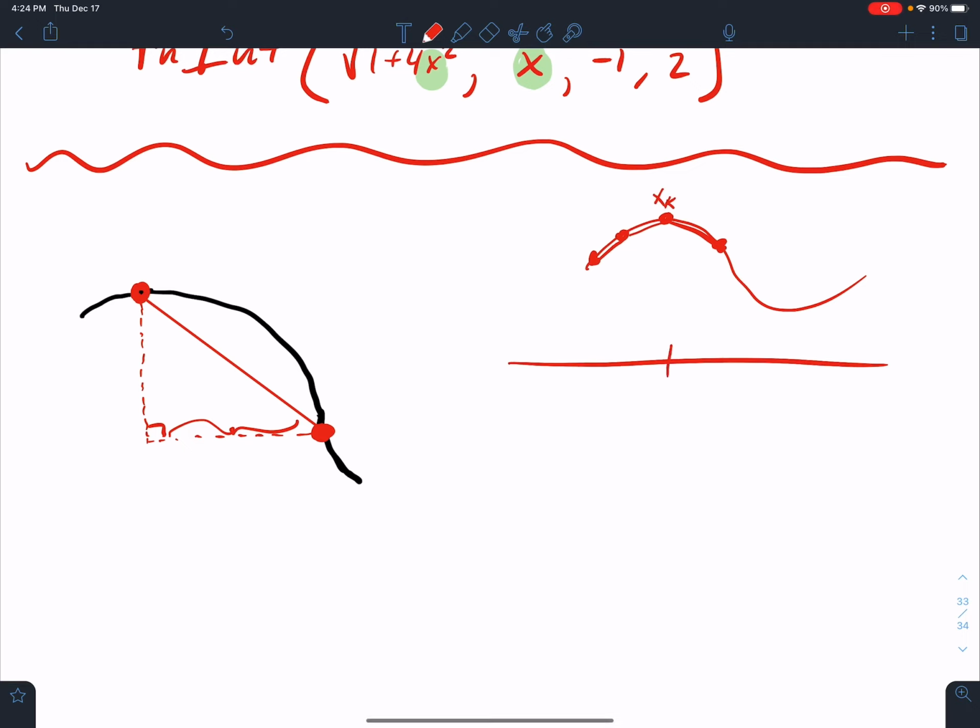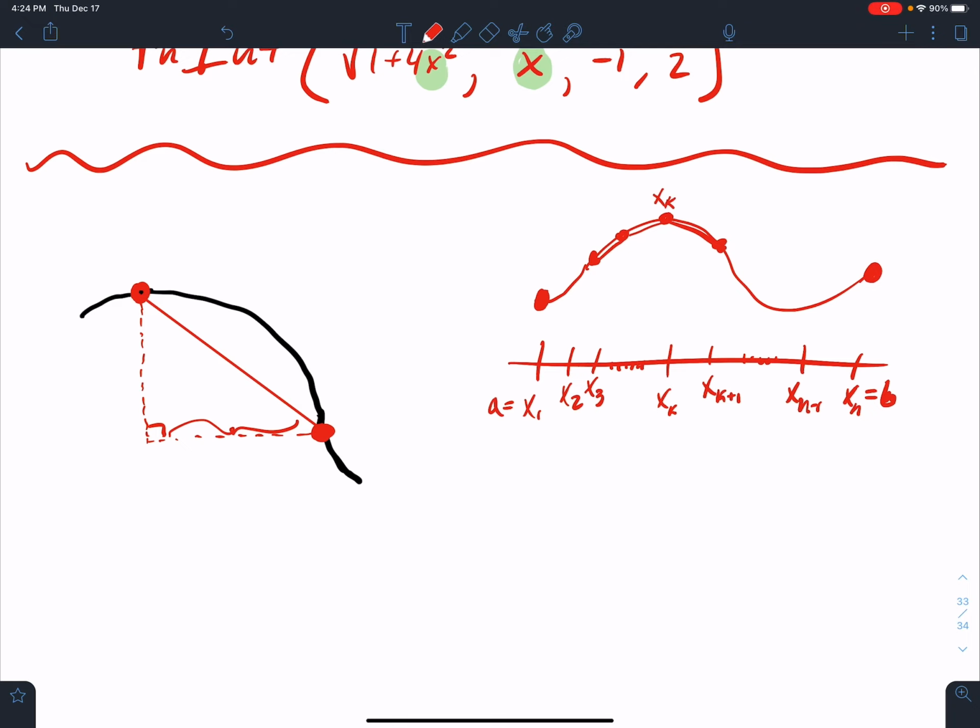It's a partition. We're going to partition it up. So I have my x1, x2, x3, dot dot dot, xk, xk plus 1, dot dot dot, xn minus 1, xn, right? So x1 is a and xn is b, so you've got your starting point and your ending point.